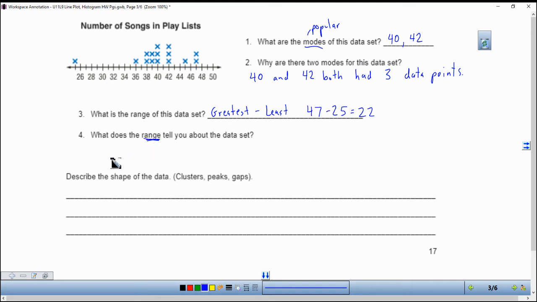Well, the range tells us how spread out the data is.